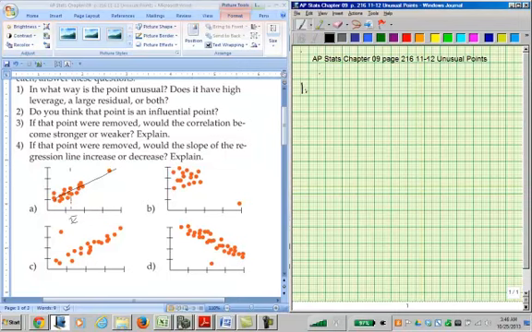The x-coordinate is far from x bar. It's far from the mean of the x-coordinates.